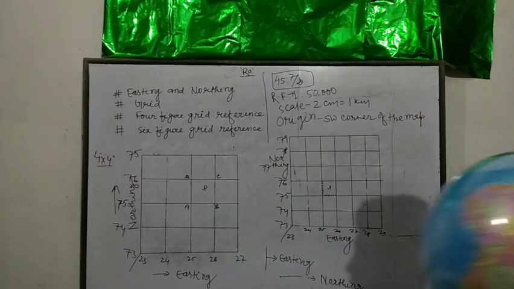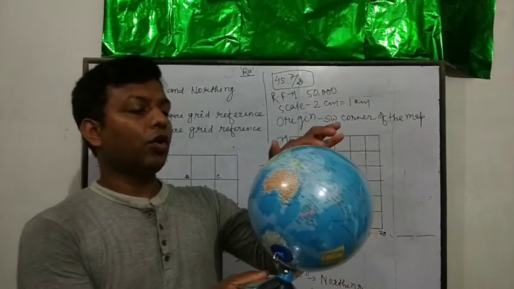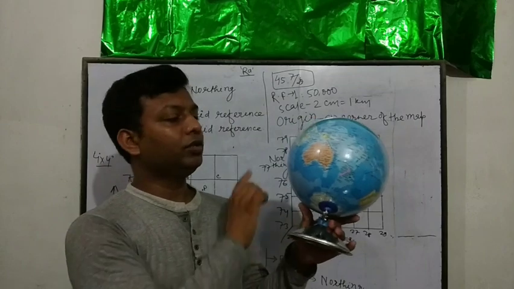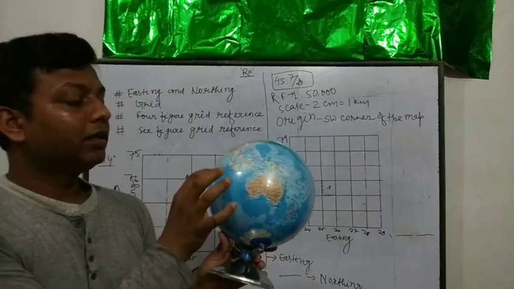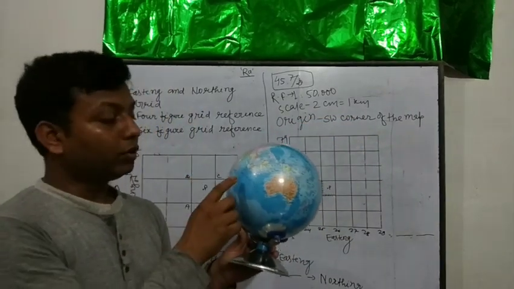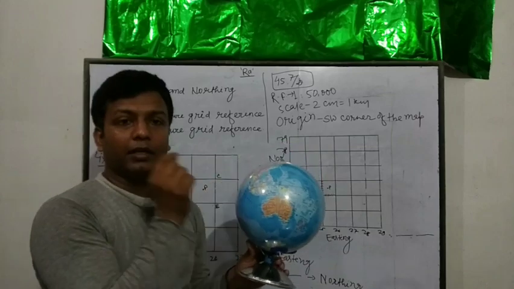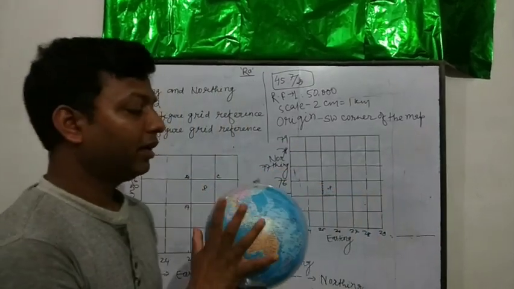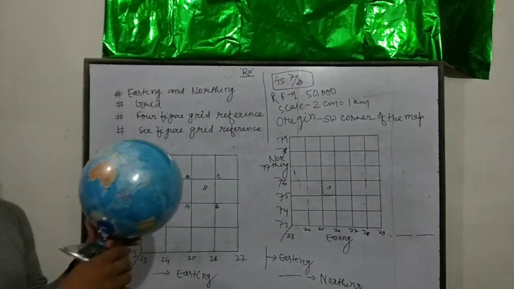Look at this globe. This globe is full of latitude and longitude, and the latitudes and longitudes meet at a point at 90 degrees.